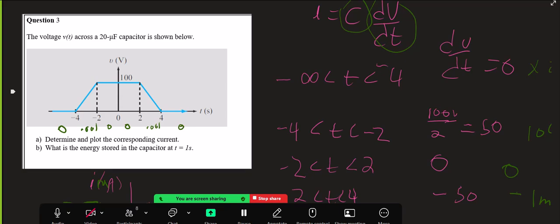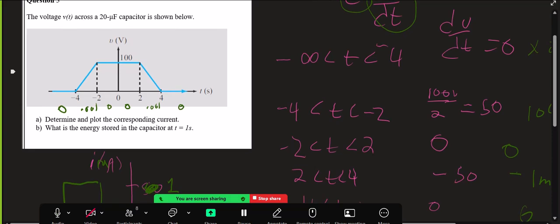So we could graph our power, and it would look like 0.001 times 100. What is 0.001 times 100? 0.1. And so our power would look like this. It would be very similar looking.